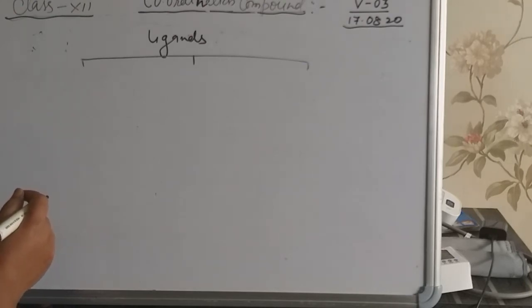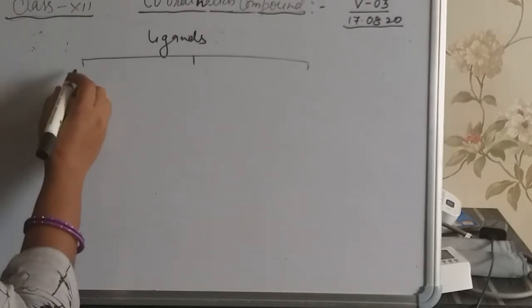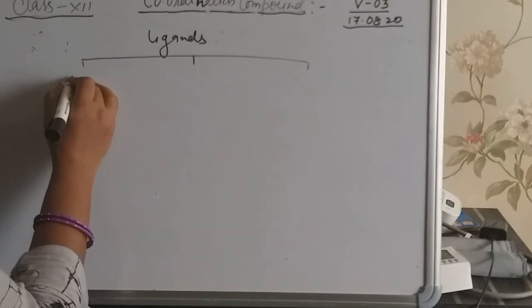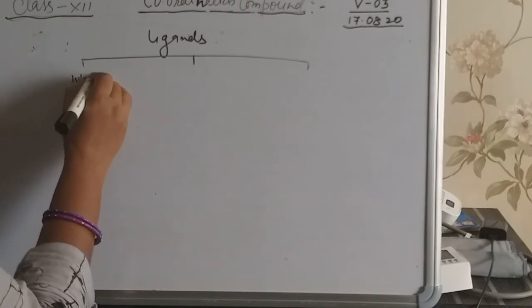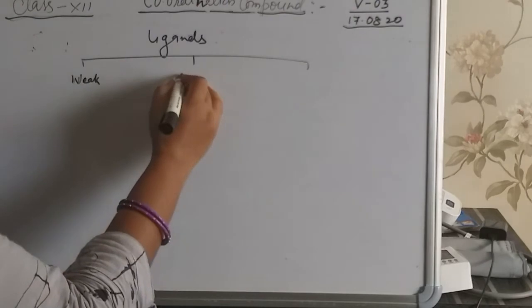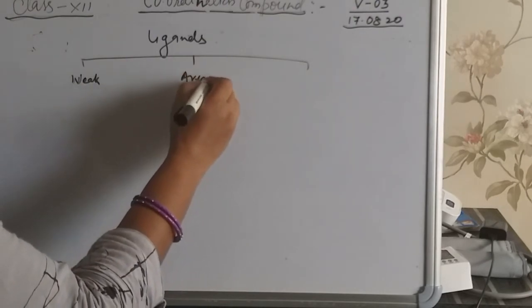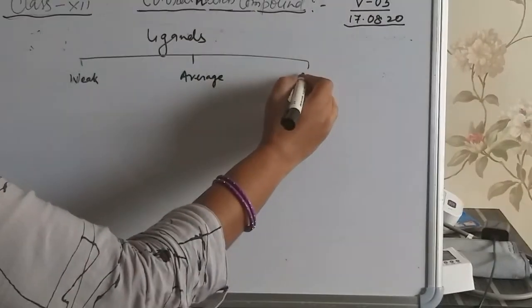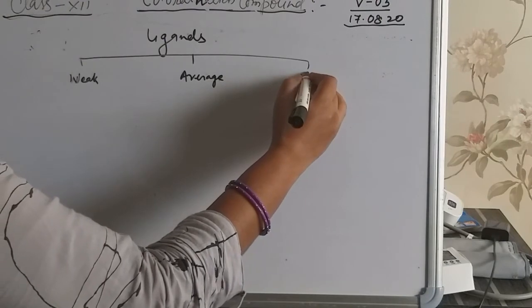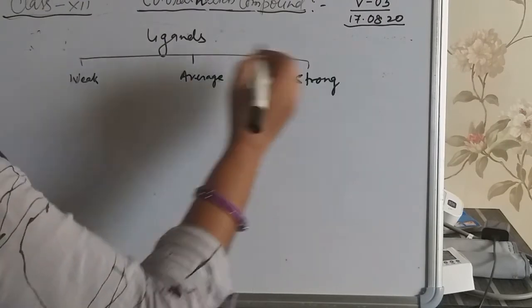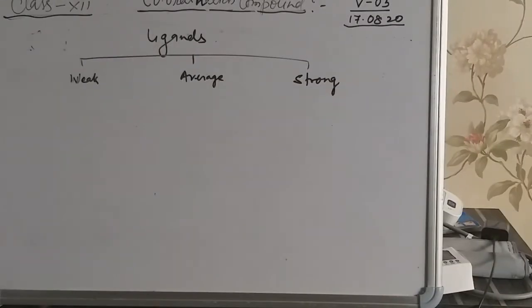Three types of ligand we will discuss. At first, weak ligand, average ligand and strong ligand. So let's discuss which type of ligands will be strong and which type of ligands will be weak.